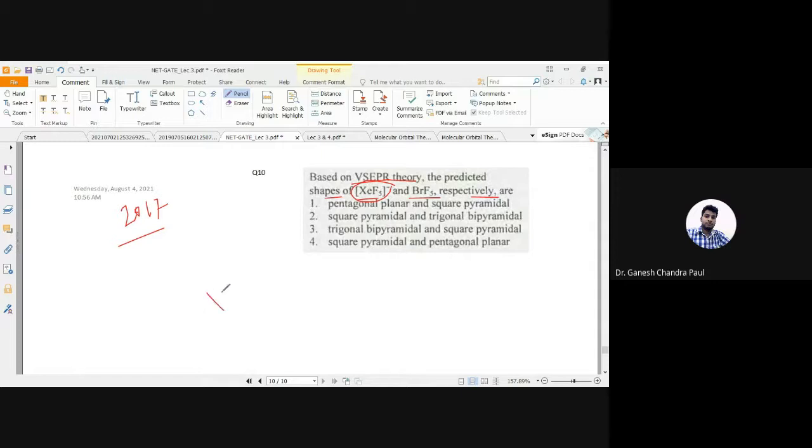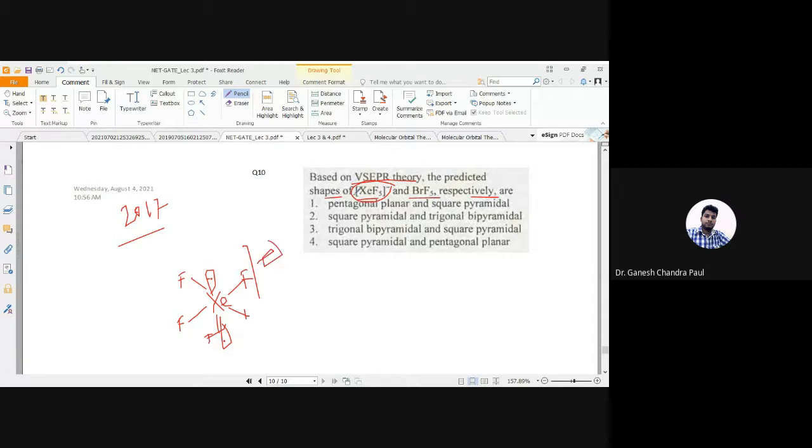The structure is pentagonal planar, and the axial sides are occupied by two lone pairs of electrons, and the plane is occupied by 5 fluorides. Overall it is minus.